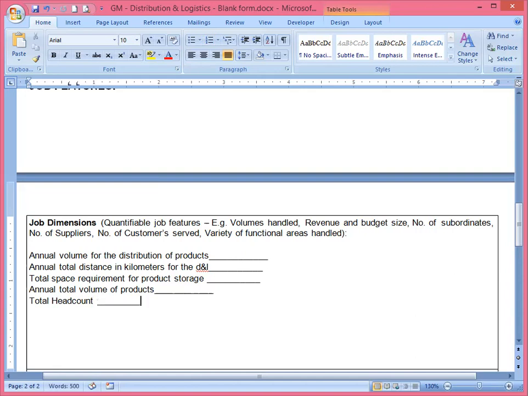Okay, for example, you need a warehouse supervisor, you need a transport manager, you need a transport supervisor, you need a stock controller, you need warehouse operatives, you need forklift operators.